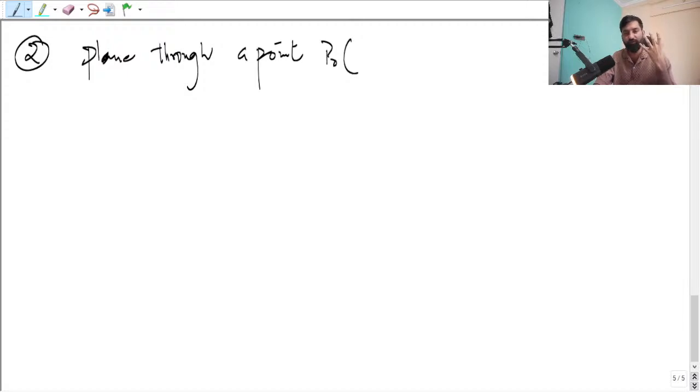So we are now trying to find the equation of a plane through a point. P naught is nothing but 2, 1, minus 1. This is a point. I have already introduced the notation in my classroom. And the perpendicular normal vector has the same components, 1, 5, 10 only.